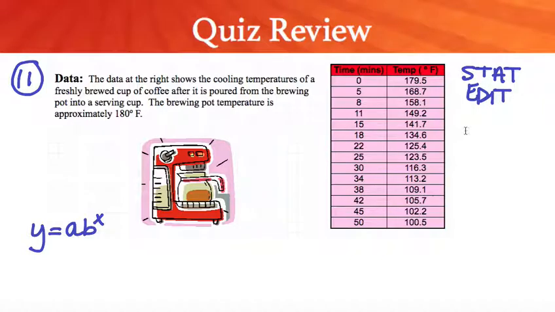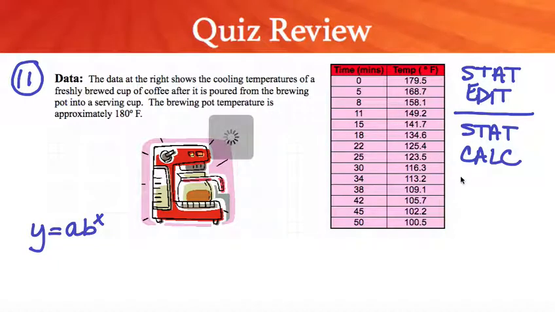Okay, and then after I put all those values into L1 and L2, I'm going to go back to stat, and this time I'm going to go to calculate, and I'm going to go over, and it says, let's see here, this problem wants you to do an exponential reg. Remember, reg stands for regression. It's going to tell us what the actual equation is.